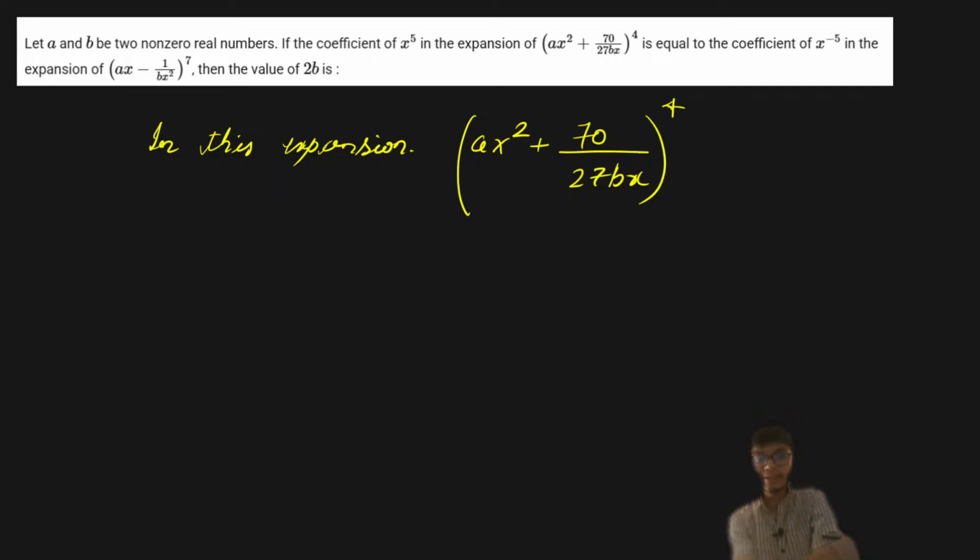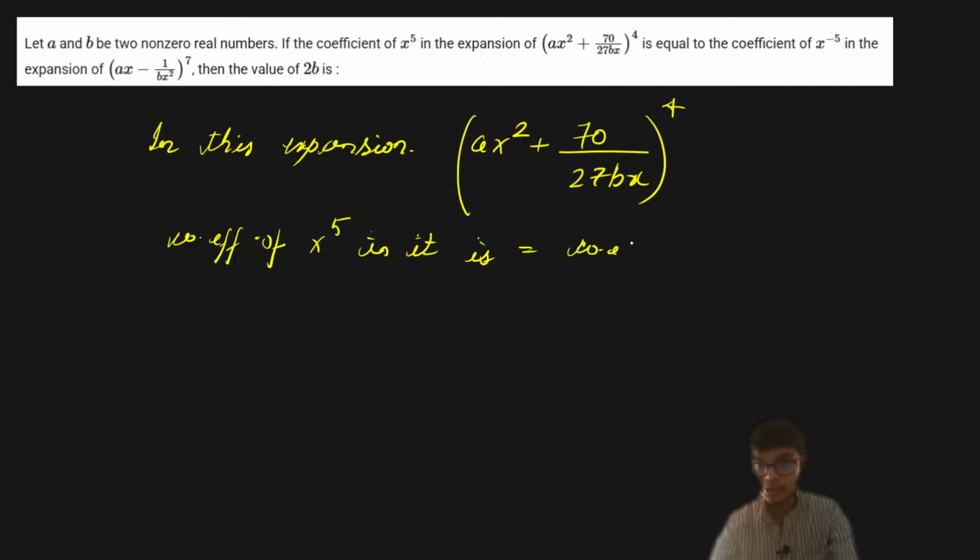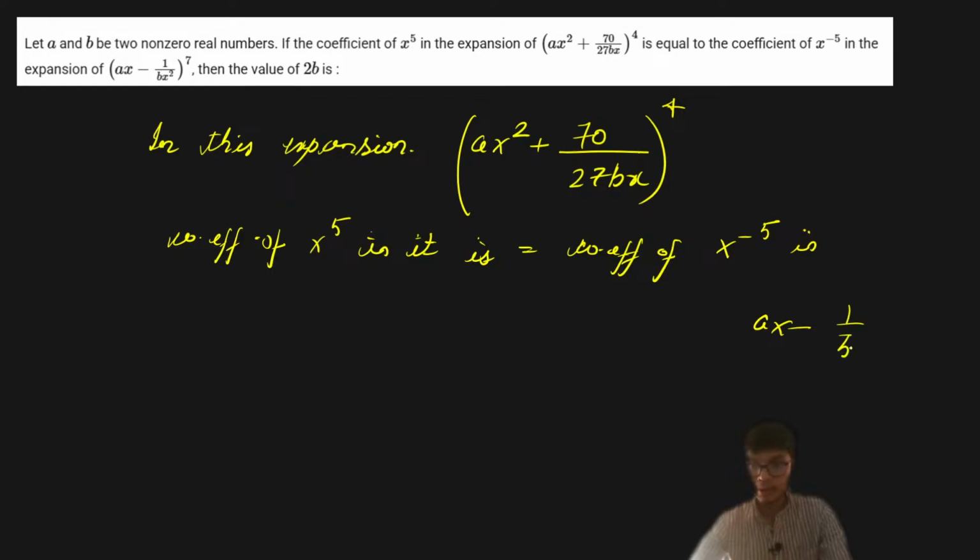Now it is said that the coefficient of x to the power 5 in this expansion is equal to the coefficient of x to the power minus 5 in the expansion of (ax minus 1 upon bx square) whole to the power 7.